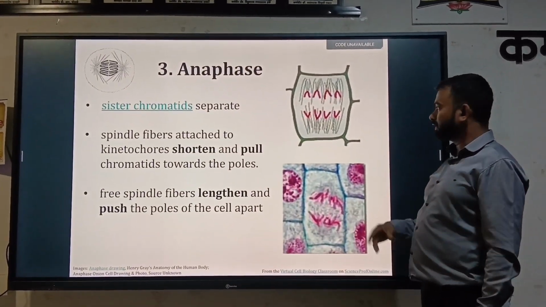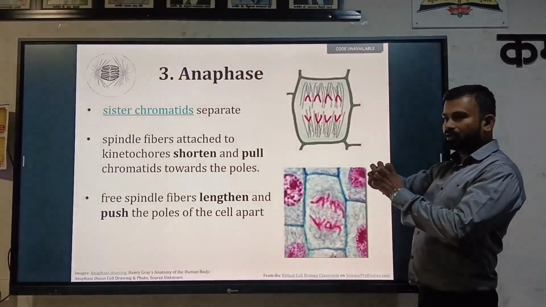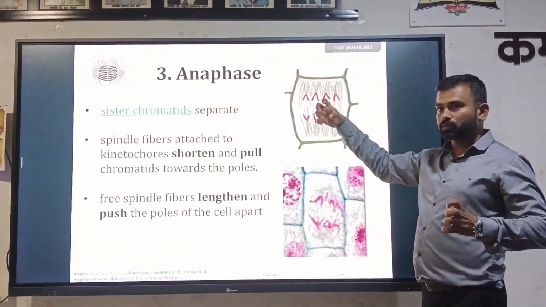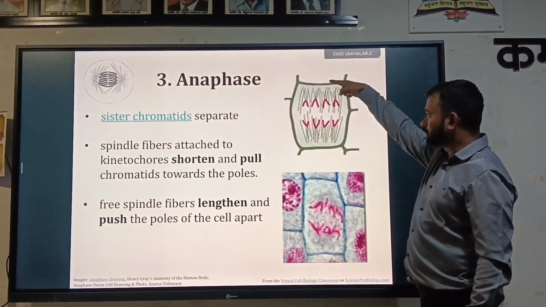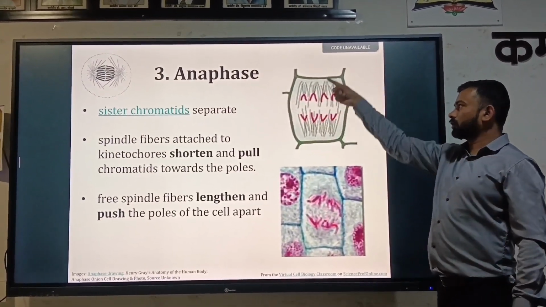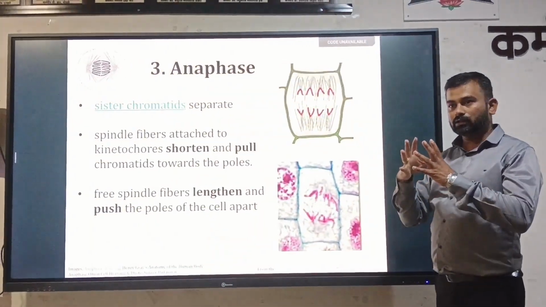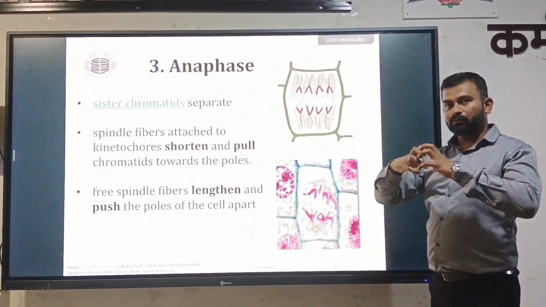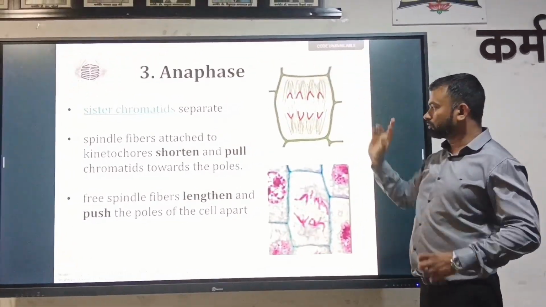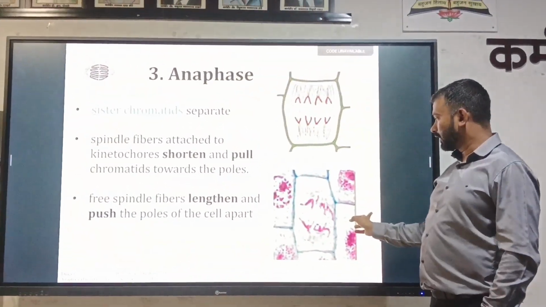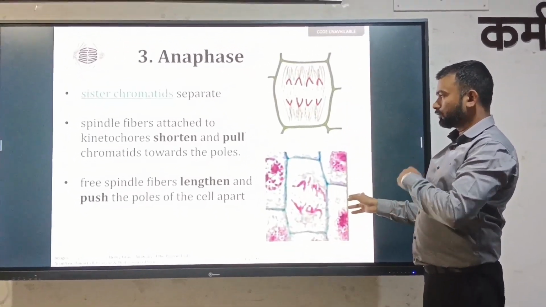The next phase is anaphase. The spindle fibers separate the sister chromatids of the chromosome, so you can see here the chromosomes moving towards the north pole as well as towards the south pole. In this way the chromosomes are divided into sister chromatids and move towards the polar regions. This is the actual photograph of anaphase, which you can see here.